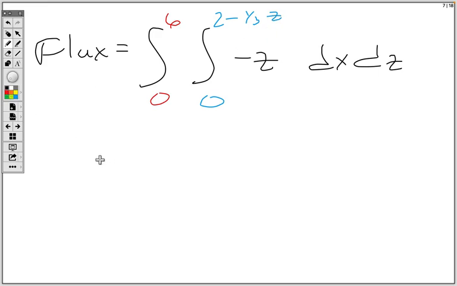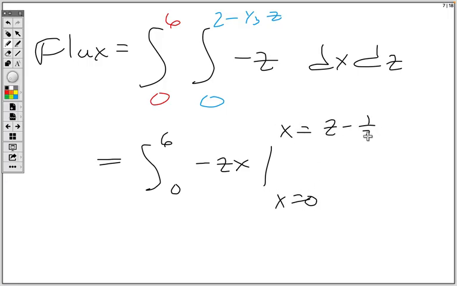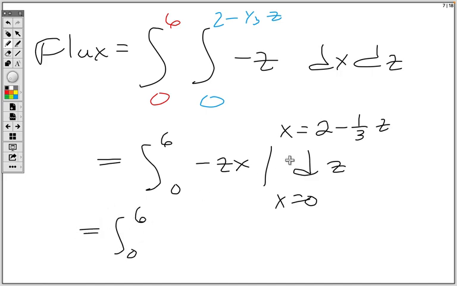All right, now I go through into the integration here. What's the integral of minus z with respect to x? Minus zx from x equals 0 to x equals 2 minus 1/3 z. So I'm just going to have minus z times this.